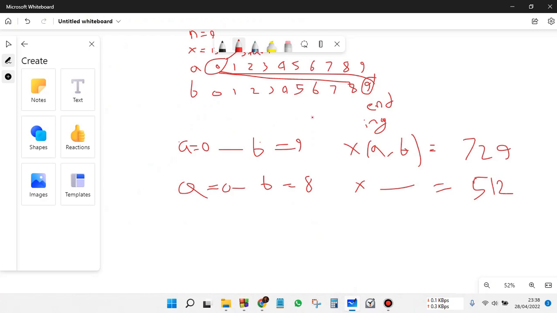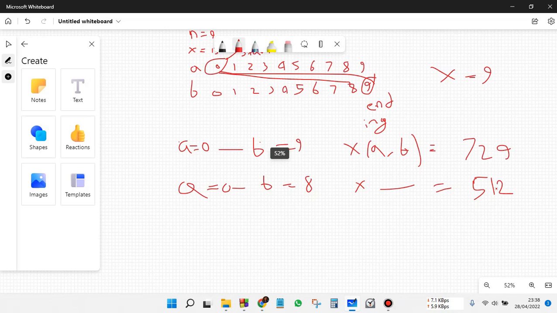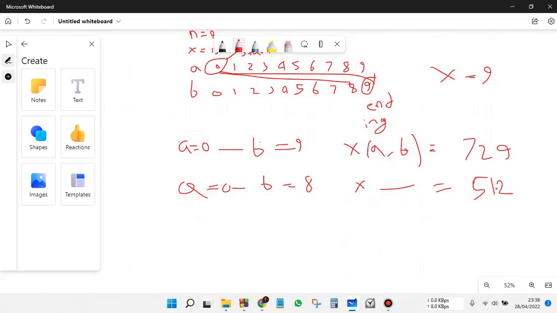Here x is 9, or this 512 is huge. Now we are trying to get near to the n value. Now we are writing the x. This is not x, this is n.